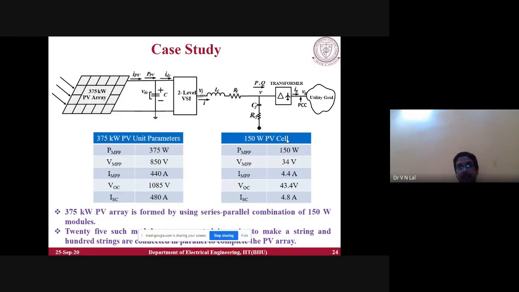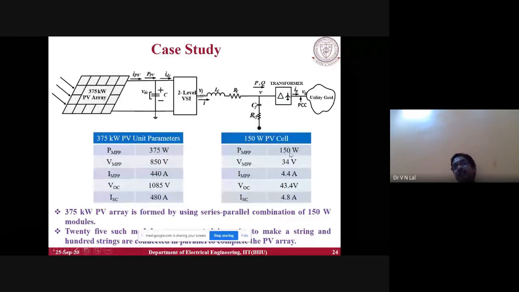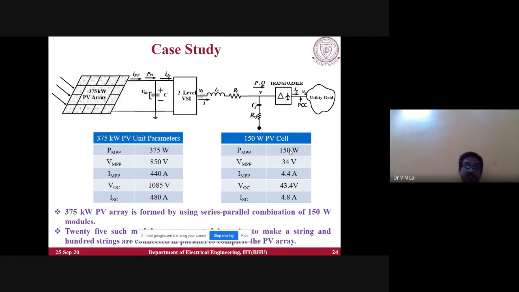So the rating of this PV cell was 150 watt. 150 watt PV cell means this cell will produce a maximum power of 150 watt at standard test condition, that is irradiance equal to 1000 watt per meter square and cell temperature equal to 25 degrees centigrade.